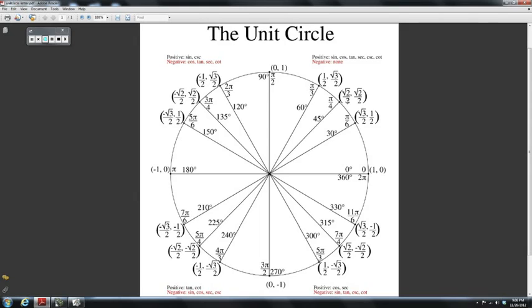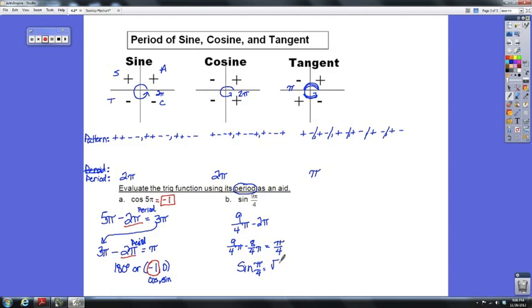The first one is cosine, the second one is sine, so it's actually the y-coordinate, the second one, square root of 2 over 2. So it would be square root of 2 over 2.